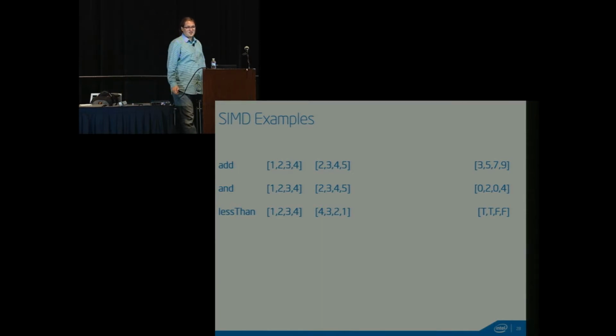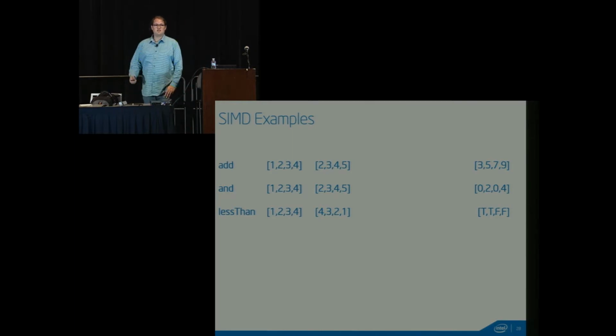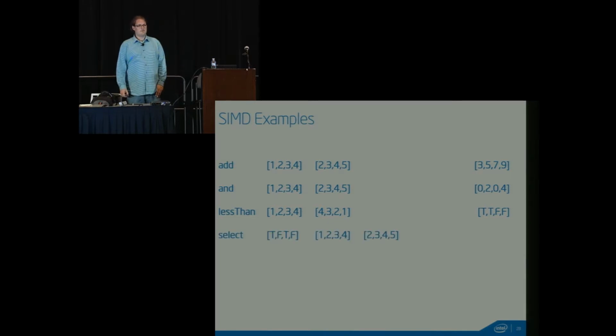I said that there is no control flow. So the way around this is you have to model control flow and data flow. And for that, you have also a range of operations you can use. Select is one of them. So what does select do? Select takes 3 arguments. The first one is a vector of Booleans, followed by 2 vectors of numbers.